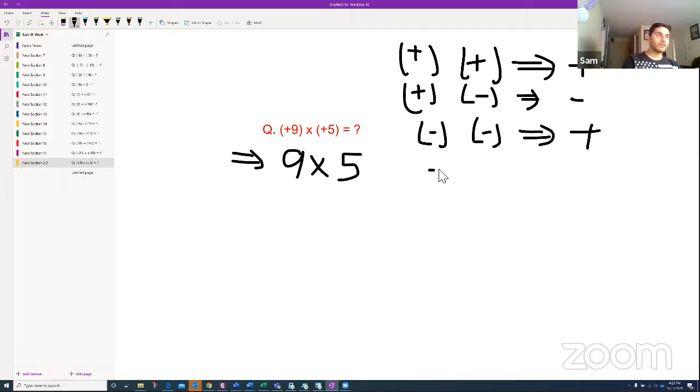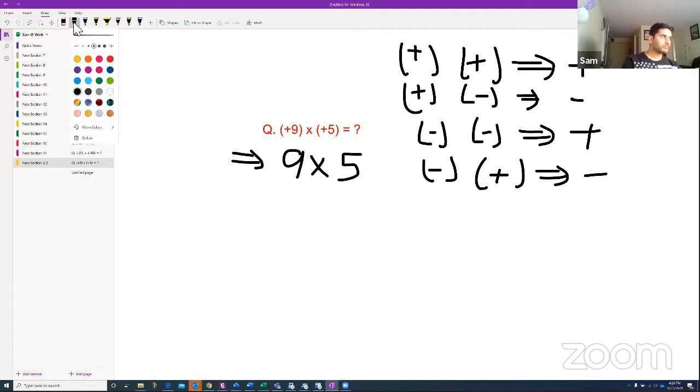And if you multiply negative with another positive, it's going to be negative. So positive and positive is going to be positive.